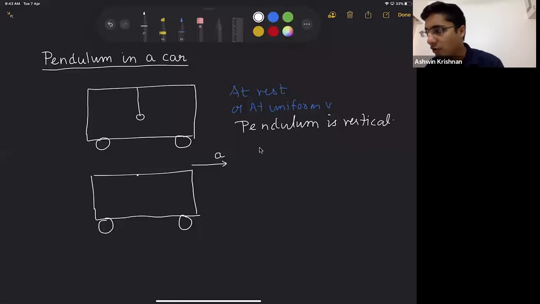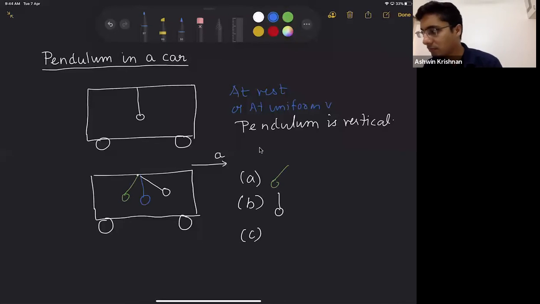Will the pendulum go to the left, remain straight, or go to the right? Let me give you options. A, left, B, straight, C, right? What will happen to the pendulum?